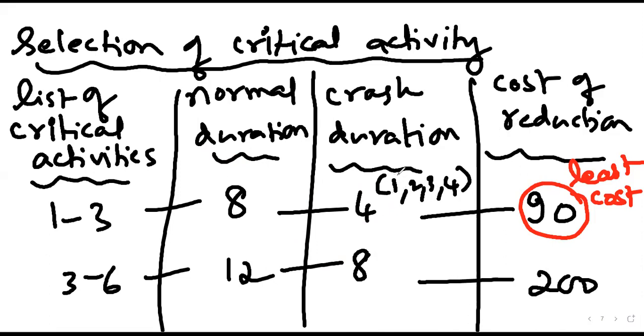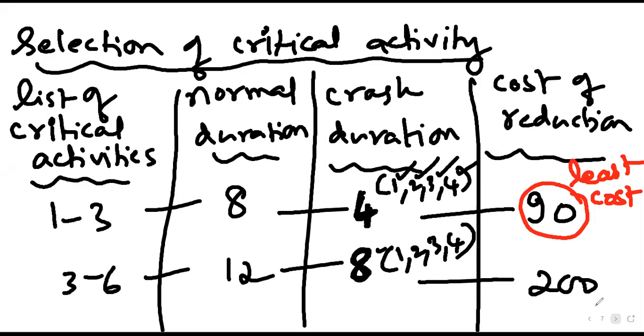So either you can reduce this activity by 1 day, 2 days, 3 days, or 4 days, but you cannot go beyond that. Crash duration means you can finish this activity at most by the 4th day. Similarly here, you can finish this activity by the 8th day.